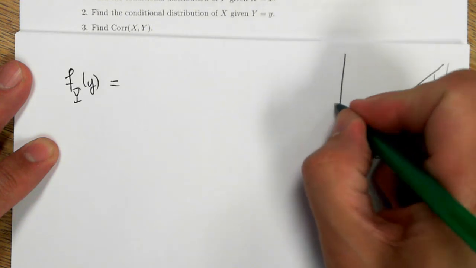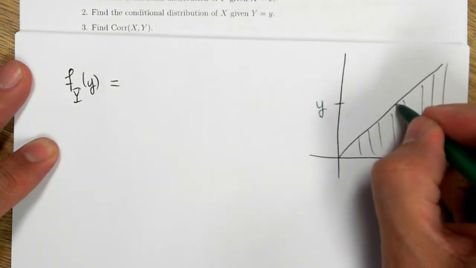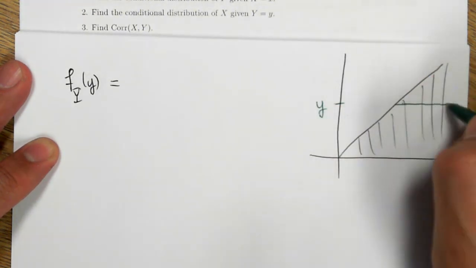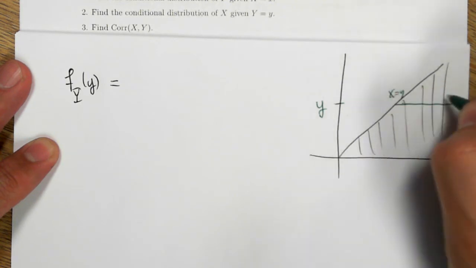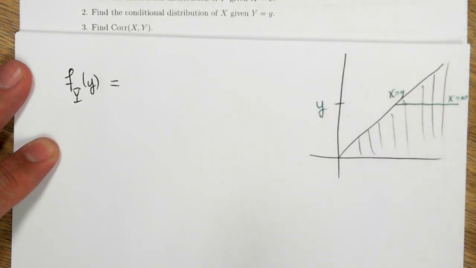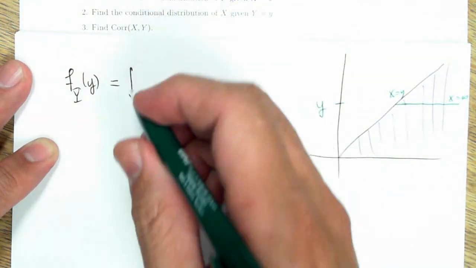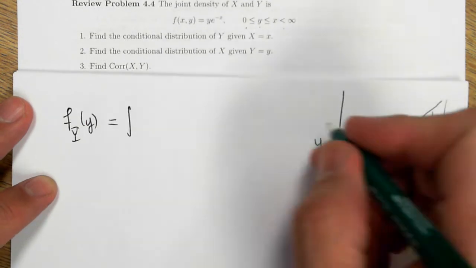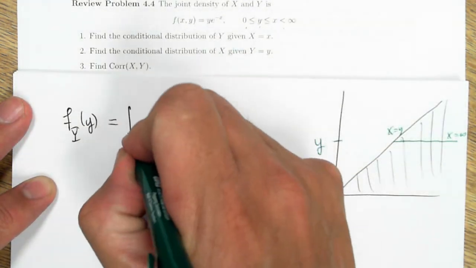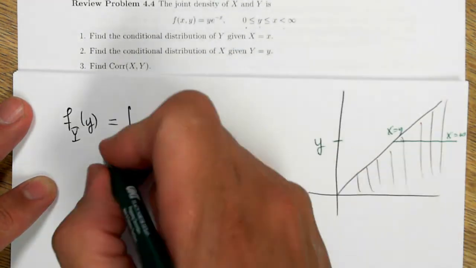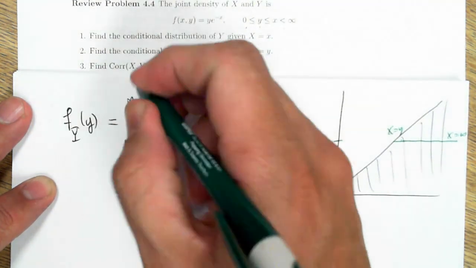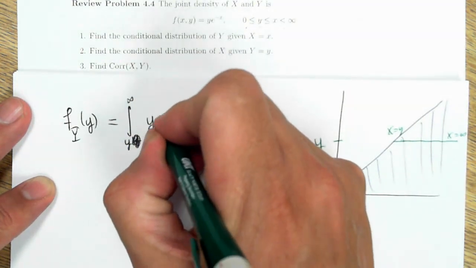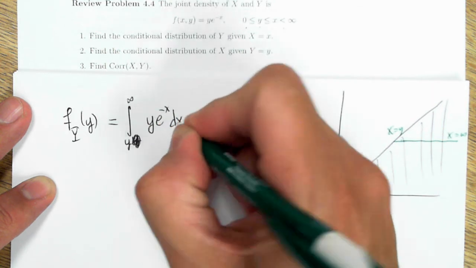This time, if my value of y is fixed, then the x's that I integrate over start at x equals y and go on to x equals infinity. So I have the integral from x equals y to x equals infinity of y times e to the minus x dx.